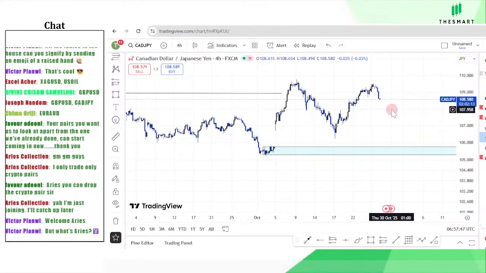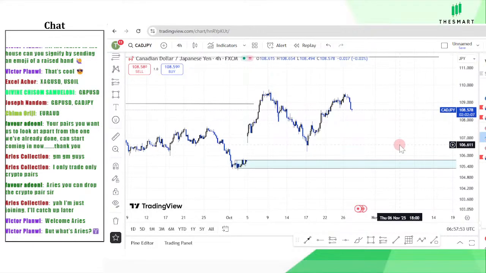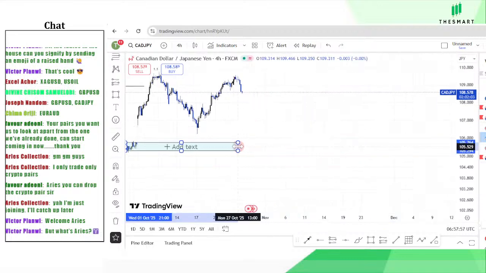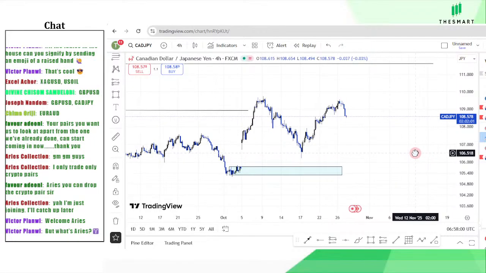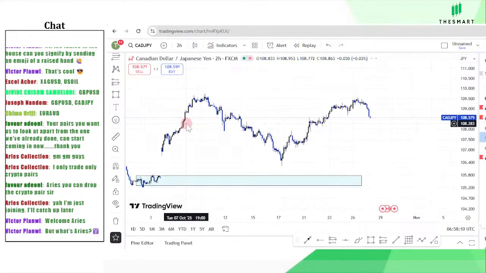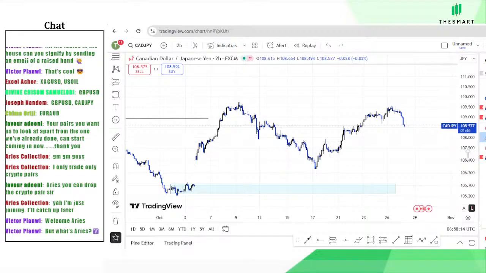So on the 4 hours, this is what we have. On the 4 hours, we have this zone below here. And I'm seeing something on these 4 hours. Let's check 2 hours to see if this is a valid change of character that price is reacting to.